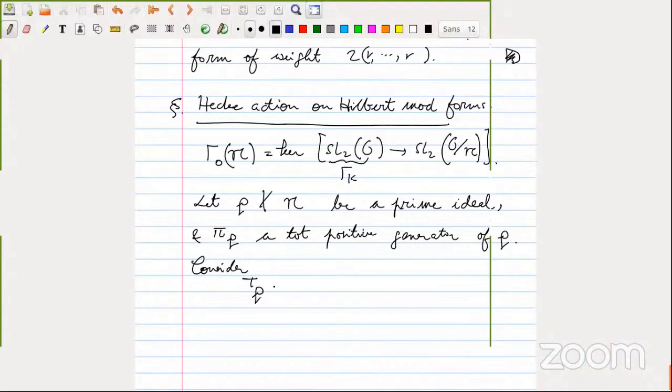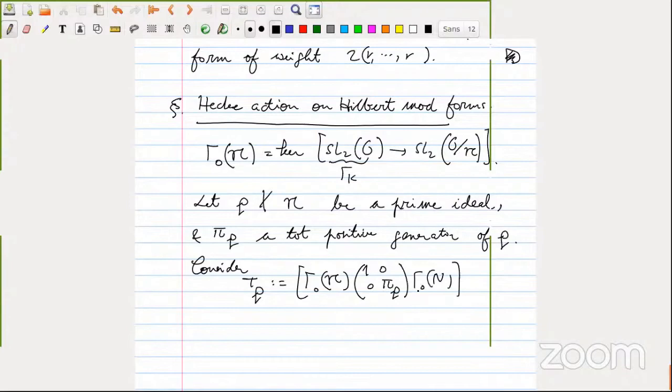So this T_P is going to be defined via these matrices: gamma naught of n times the matrix (1 0; 0 pi p) times gamma naught of n.